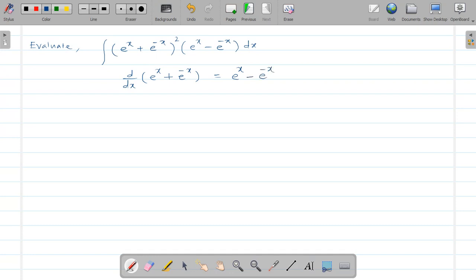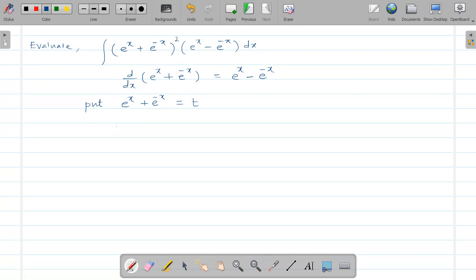Because how will you take the derivative of e raised to minus x? By chain rule, it is e raised to minus x into d by dx of minus x. That's why we get the minus sign here. Okay, so the function contains the term and its derivative also. So to solve this example, if I put e raised to x plus e raised to minus x equal to t, then what will you get?